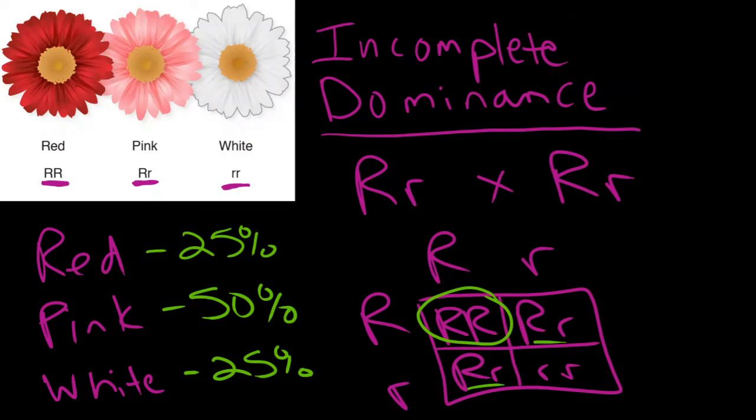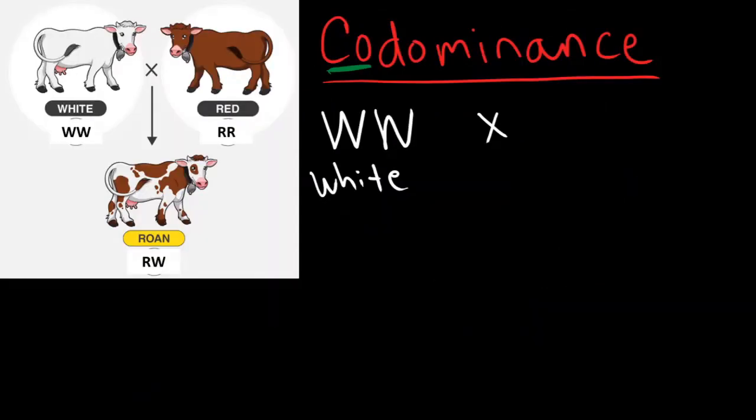With incomplete dominance, you'll notice we still used R's, and our heterozygous had a capital and a lowercase. But with codominance, I like to use two different letters because it allows us to very clearly see that we are dealing with a codominant trait and not an incompletely dominant trait.